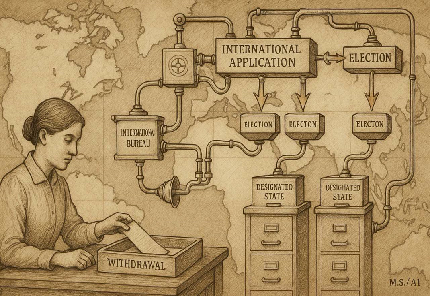Right, so let's recap this deep dive into MPEP 1880. We've talked about withdrawing the demand for examination or the election of specific states. We nailed down that critical 30-month deadline from the priority date and emphasized that the notice has to land at the International Bureau. Their receipt date is what counts. We looked at the main effect, termination in the withdrawn state, but also that important lifeline connected to PCT Article 22 and timely national phase actions already taken.